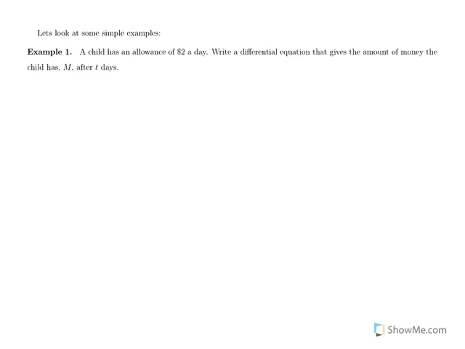So to think about this, let's think about a little chart here. So let's think about the value of t and the value of m. So we're going to think about t when we have 0, 1, 2, and 3 days. The child starts with no money. After 1 day, he has $2.